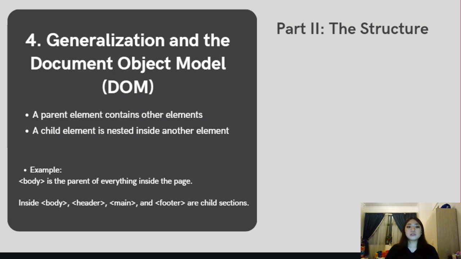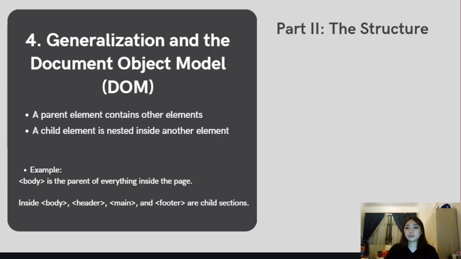This allows browsers and developers to easily locate, modify, and manipulate parts of the web page. For example, body is the parent of everything inside the page, and inside body, header, main, and footer are child sections.